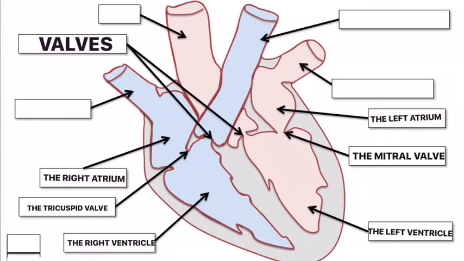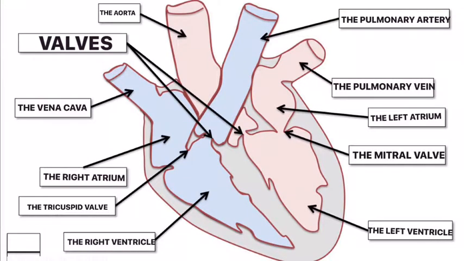There are also valves on the aorta and pulmonary artery, but you do not need to know about these, just know that they're there and know their function. Also, I'll remind you that you don't actually need to know the names of these valves for GCSE.